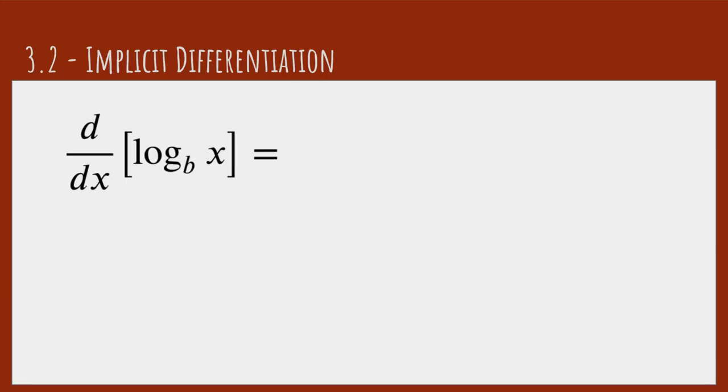So I'm going to generalize again with this. So we say y equals log base, any base we want, of x. And so we rewrite that as natural log of x over the natural log of b.